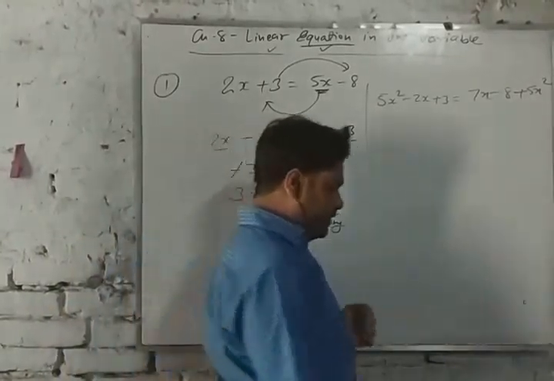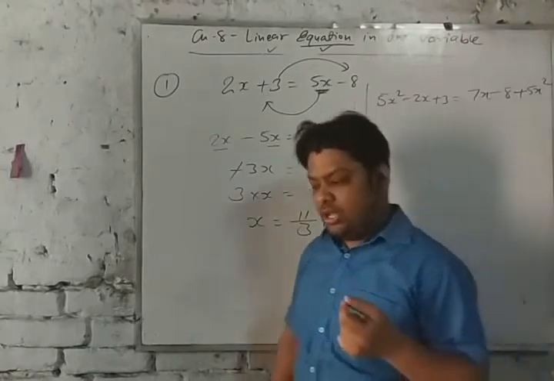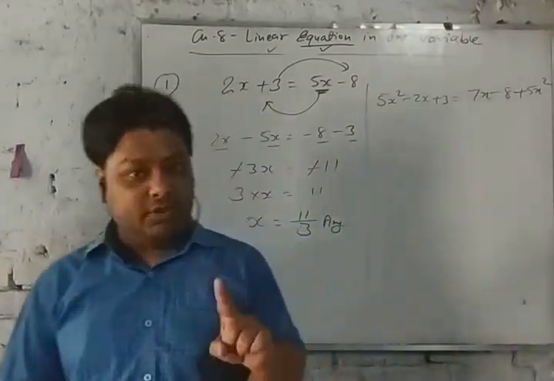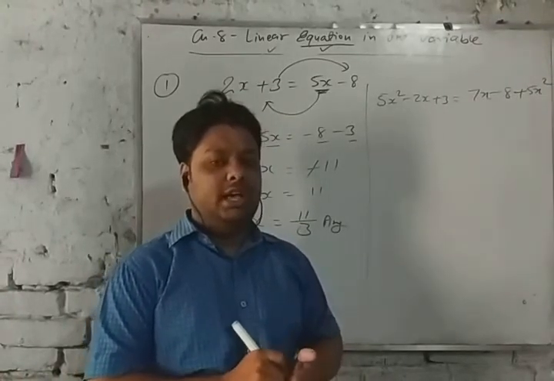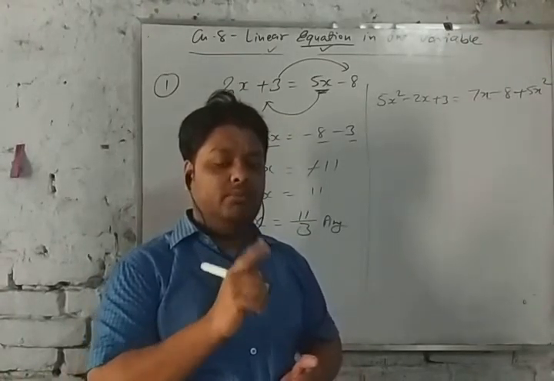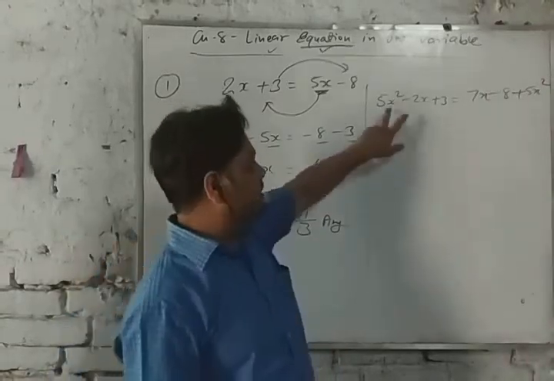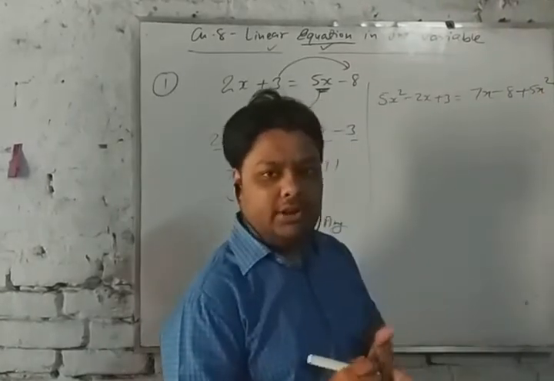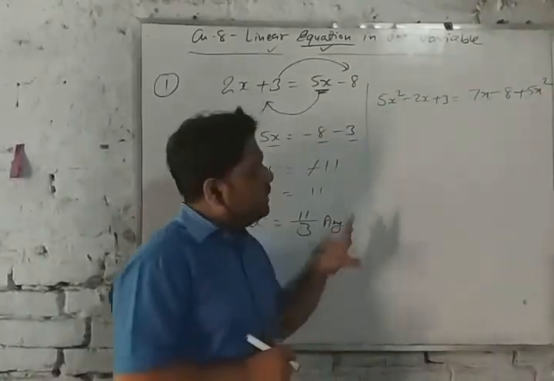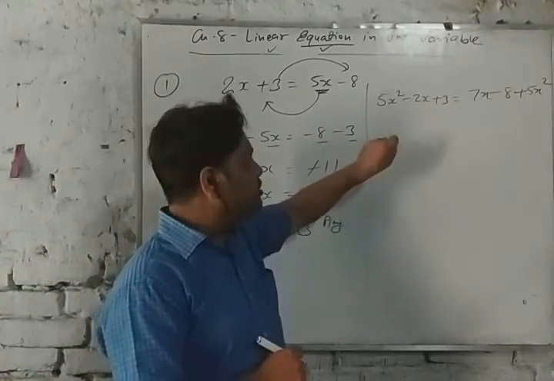But we have studied that a linear equation in one variable is an equation in which the degree of the variable is only 1. Here you can see the degree of the variable is 2. But at first we will not judge any question by only seeing this. At first we will solve it.